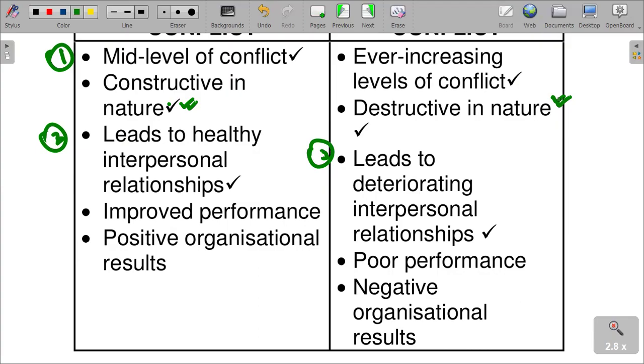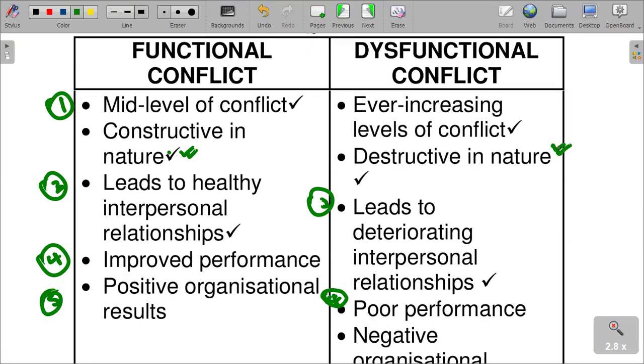So number four, functional conflict results in improved performance, while dysfunctional conflict results in poor performance. And then lastly, number five: functional conflict results in positive organizational results.